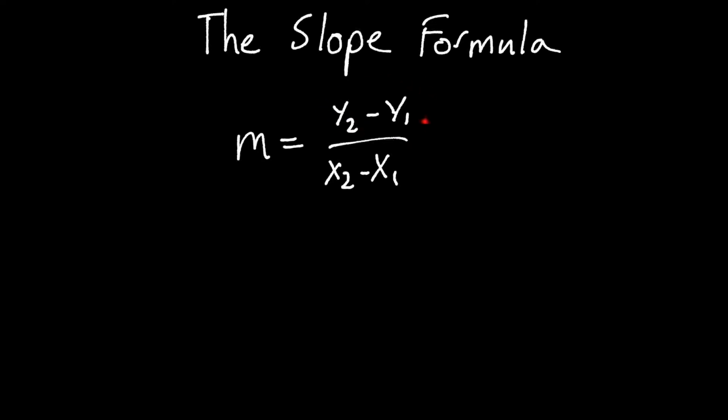y2 minus y1 represents the change in the y values between your two coordinates that you are using to calculate your line slope. Similarly, x2 minus x1 are your two x values from your coordinates.